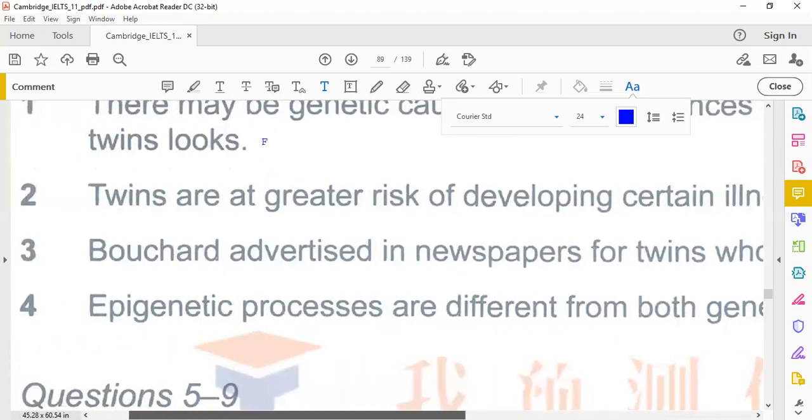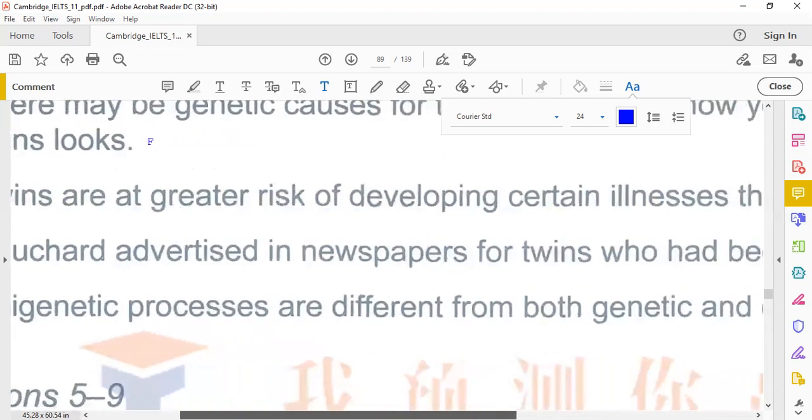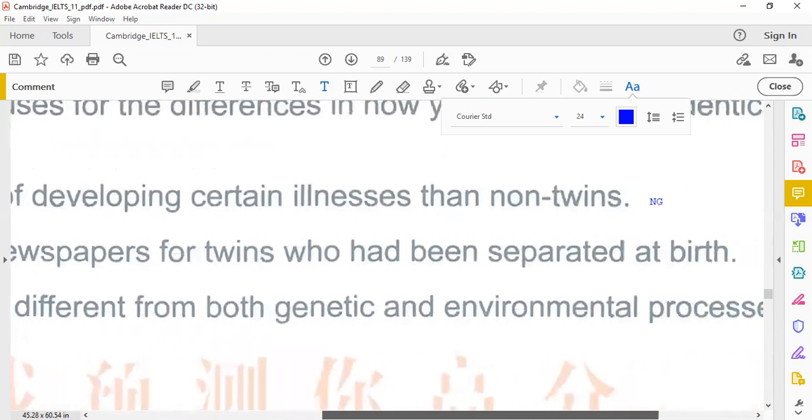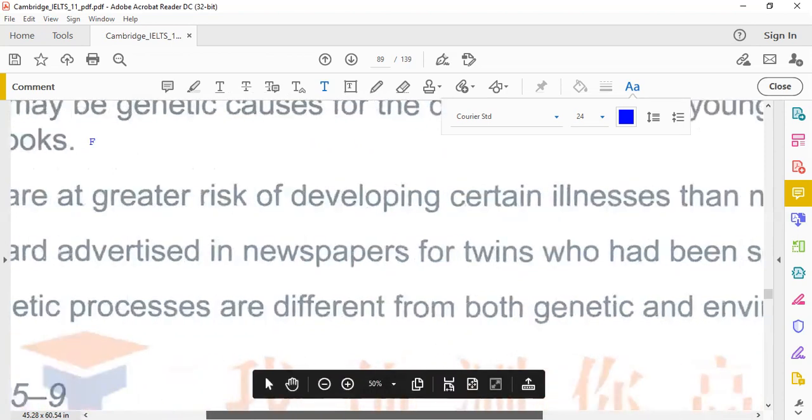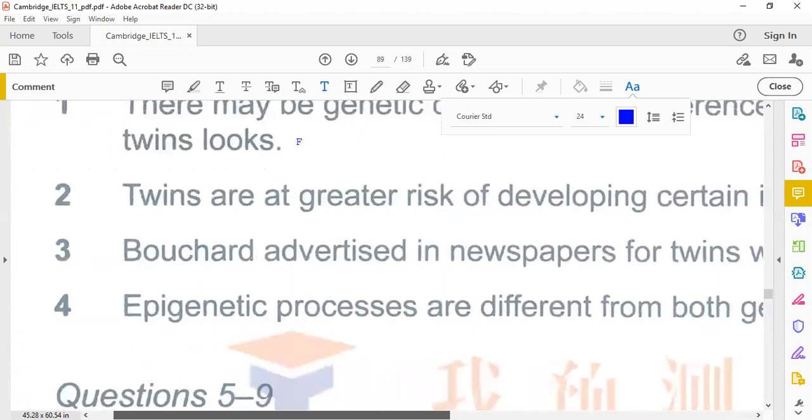Number three, Bukhari advertised in newspapers for twins who had been separated at birth. So the answer to this question, relating to this information, is not given. So you write NG. Then you come to question 4.